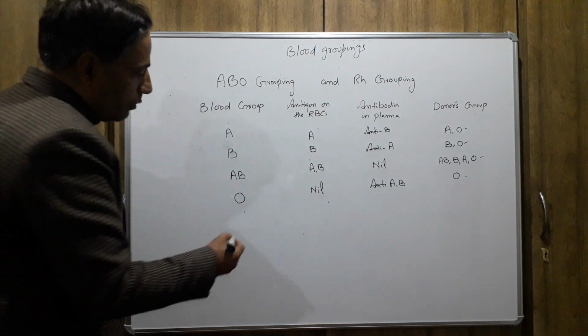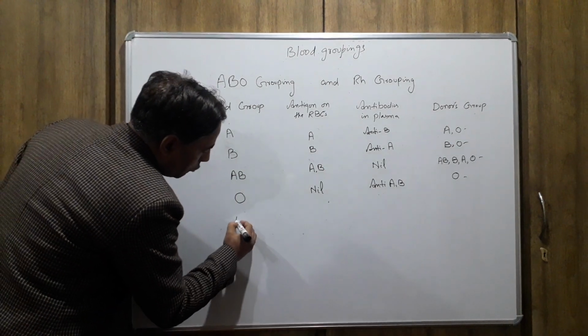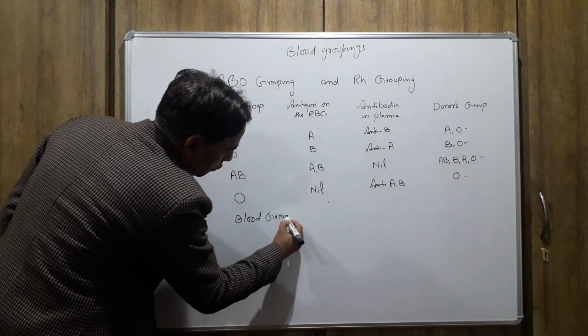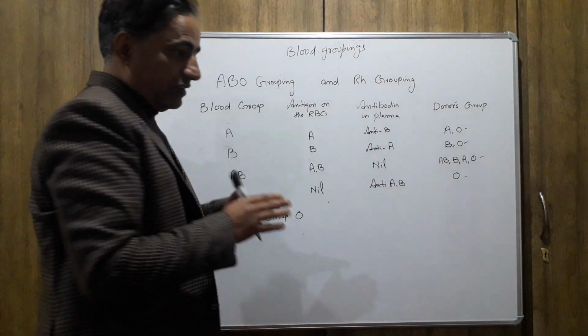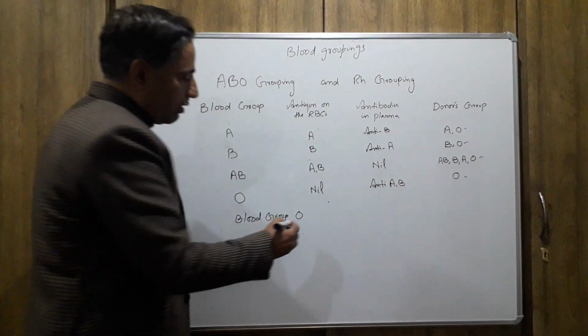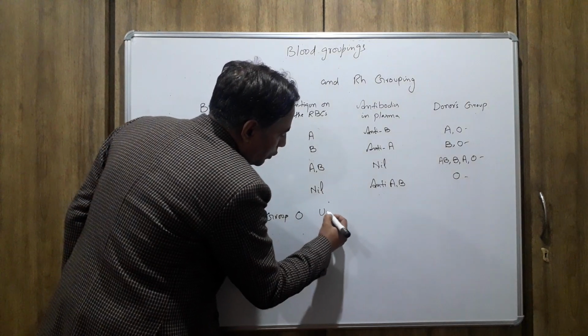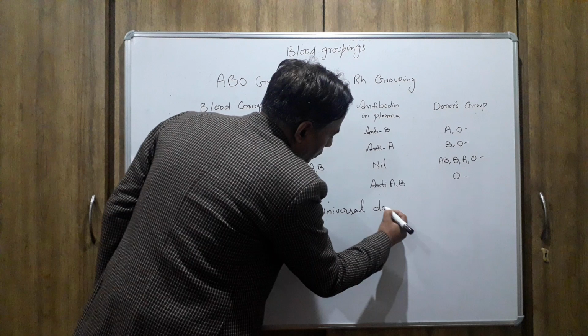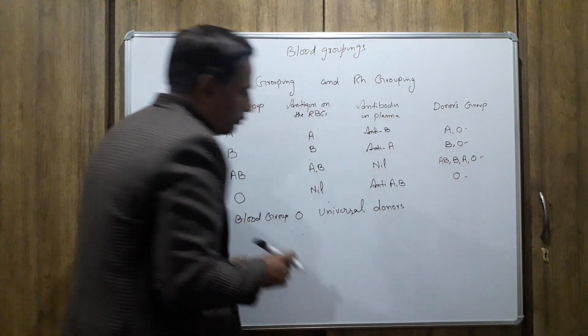That means the persons who have the blood group O are called universal donors. Universal donors.